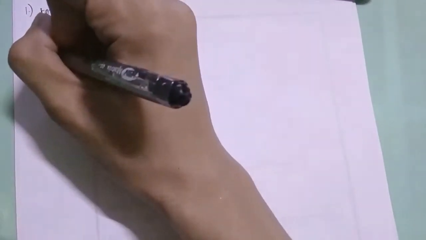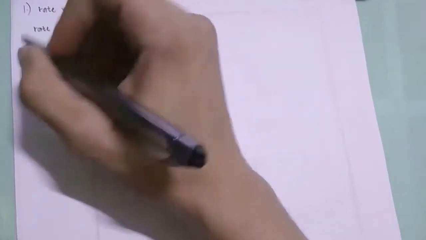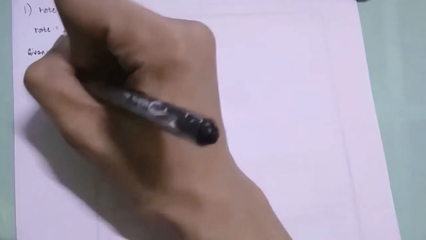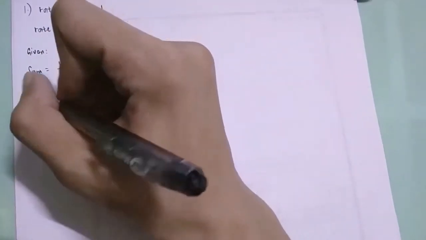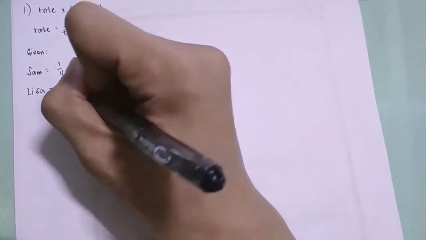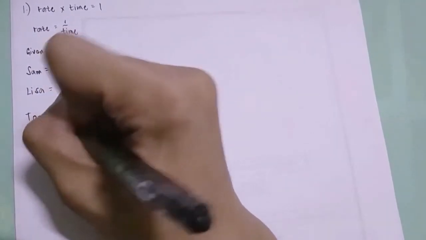And we have the given stated in the problem. The rate of Sam is equal to 1 over 4, Lisa is equal to 1 over 6, and Tom 1 over 2.